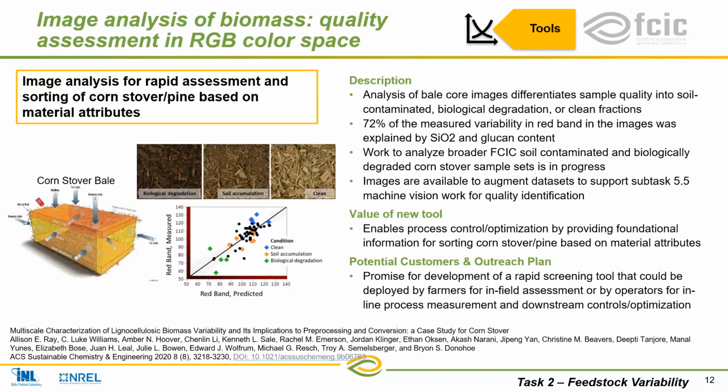This is very interesting work, and it could be used by farmers for in-field assessment, for online process control throughout the harvest, storage, and pre-processing. This is the beginning of this work, but as we move forward, we think this could be a really useful tool for industry.